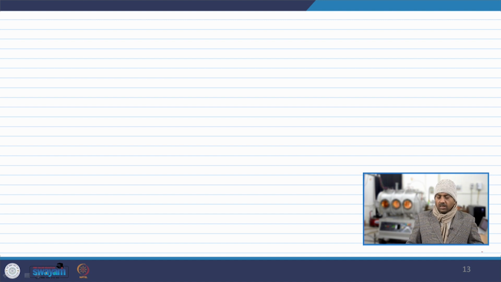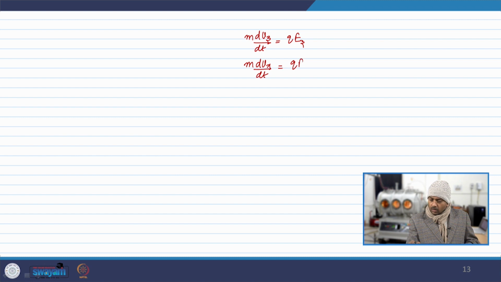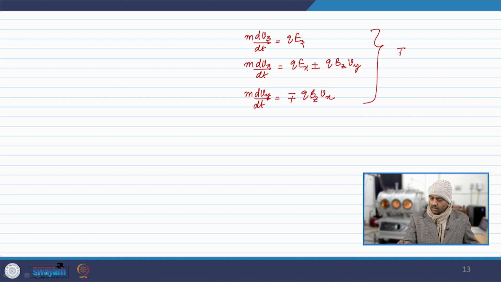The equations which represent the particle's motion in the perpendicular E and B field configuration are these: m dvz by dt is q Ez, m dvx by dt is q Ex plus minus q Bz vy, and m dvy by dt is minus plus q Bz vx, right. Let us call this Roman 1.